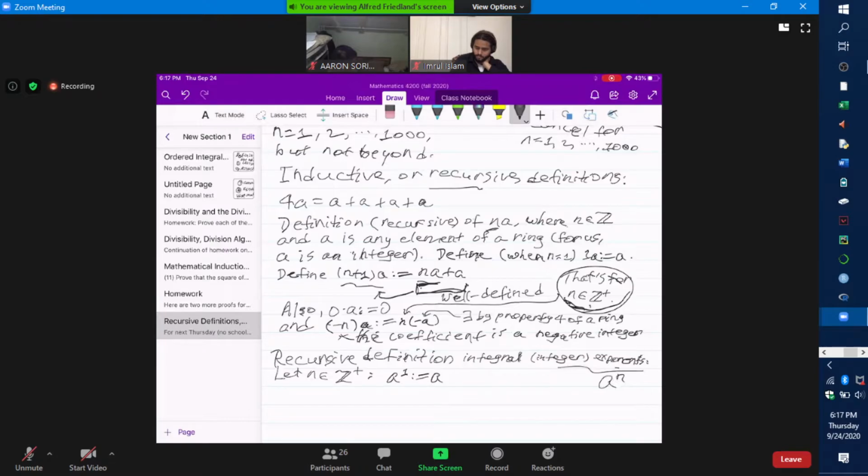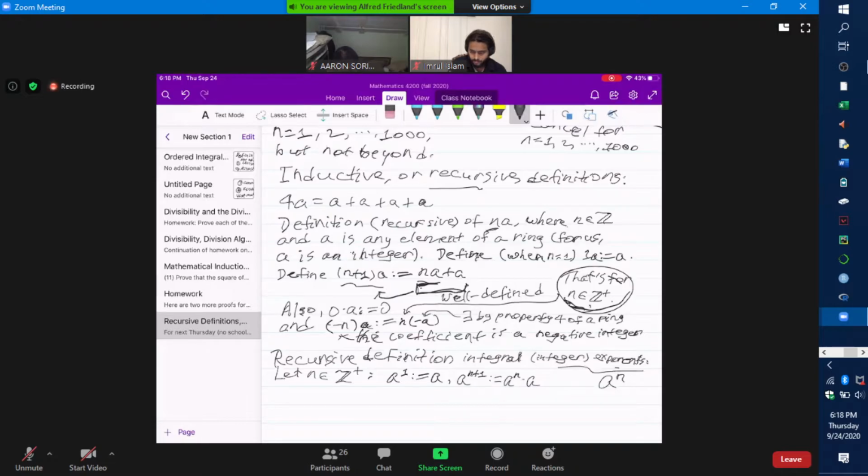All right, so here we have the definition when n equals 1. And now we will provide the definition for n plus 1. Again, we will define that, not surprisingly, to be a to the n times a.